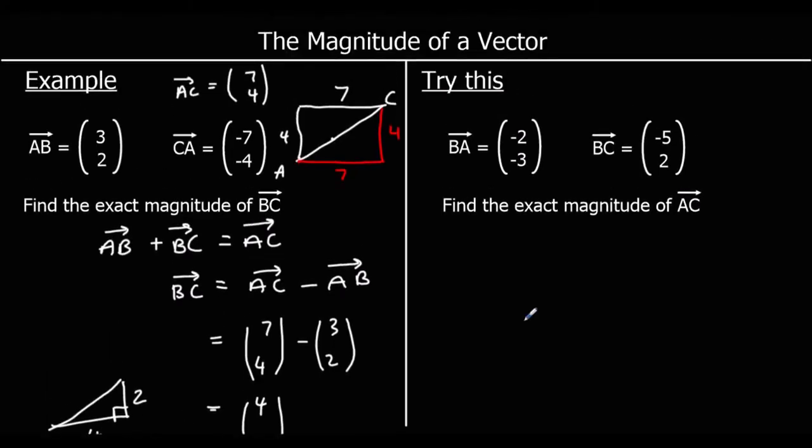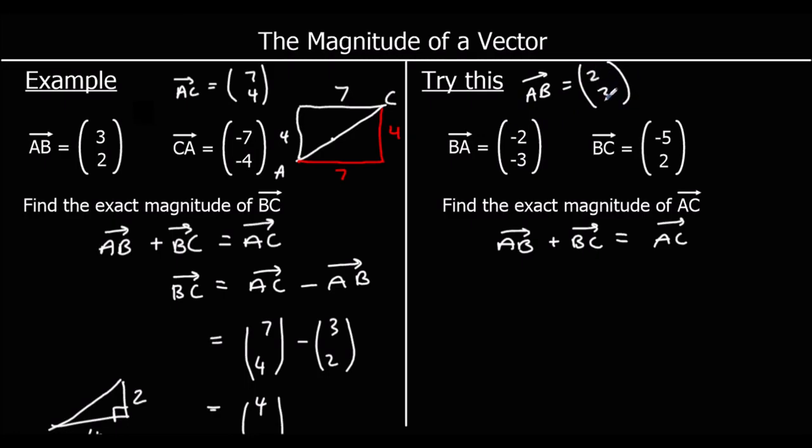And a question for you to try. So pause the video and give it a go. So we've got B to A and B to C, and we want the exact magnitude of A to C. So again, I'm going to write A to B plus B to C is A to C. We've got B to C, but we've been given B to A instead of A to B. So A to B is the same as B to A, but multiplied by negative 1.